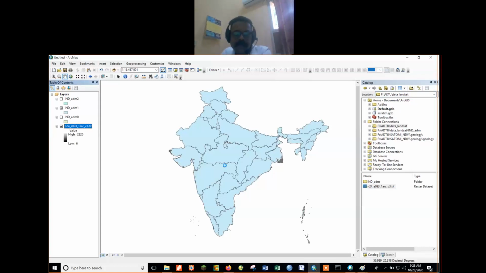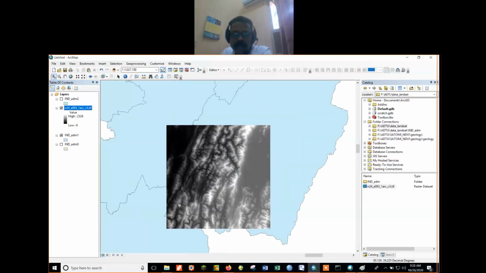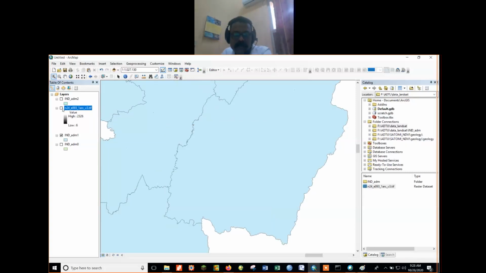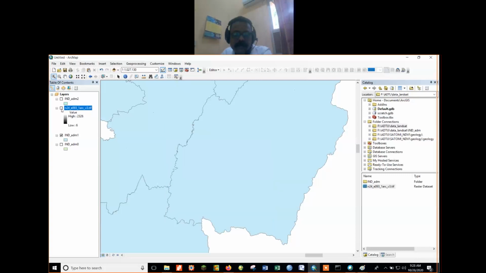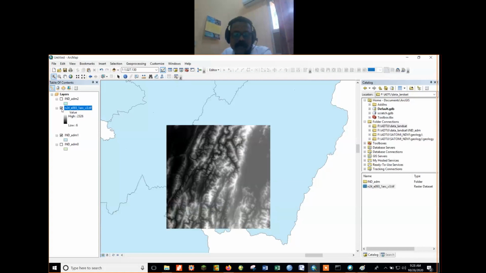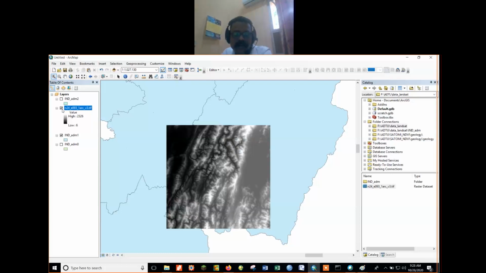I drag it to the top, and there you can see it. This is the digital elevation model of one scene from the state of Imphal that covers the Loktak Lake.